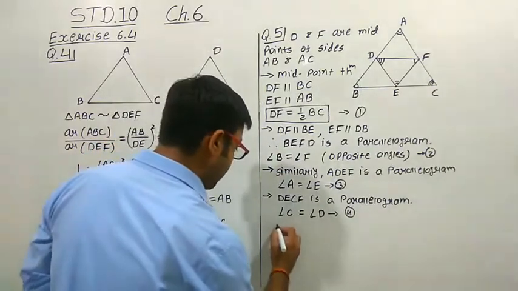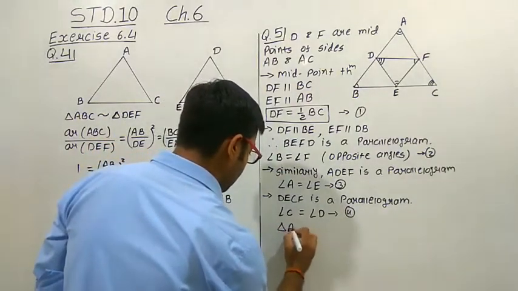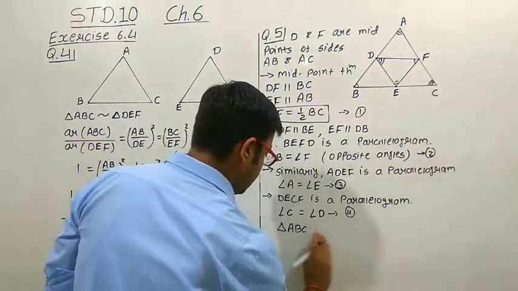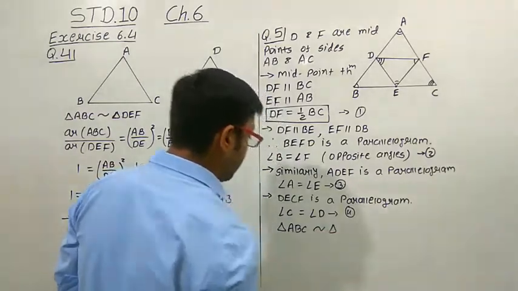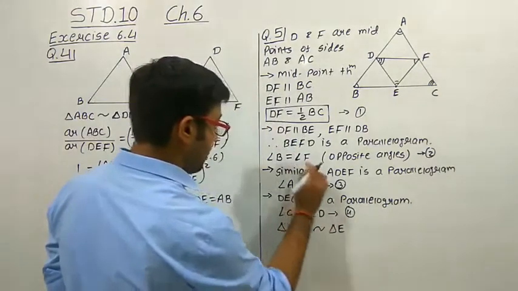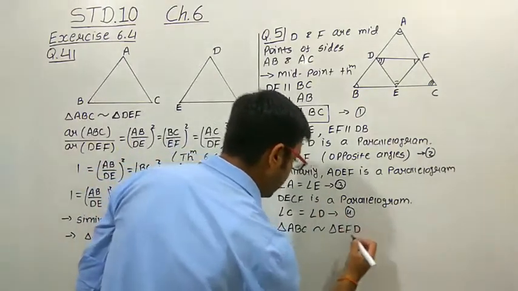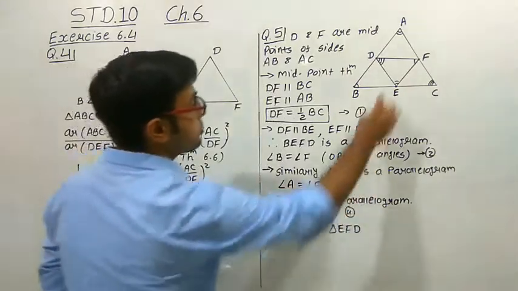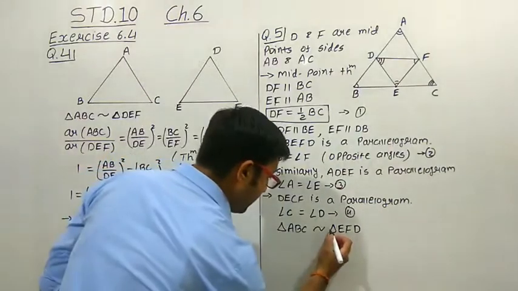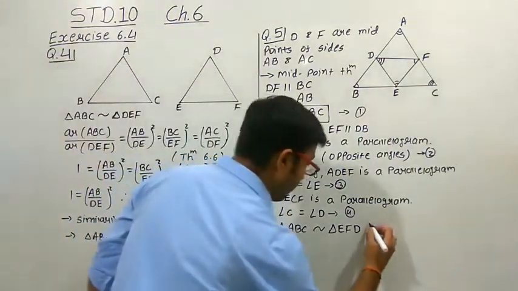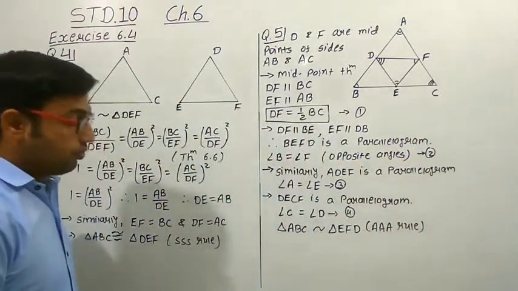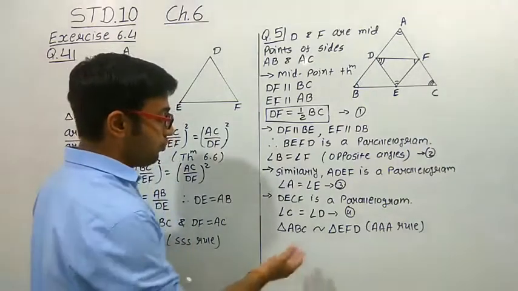So we can write that triangle ABC is similar to triangle EFD, because angle A is equal to angle E, B is equal to F, and C is equal to D. Now, as we have proved that the two triangles are similar according to the angle rule, we have to find the ratio of both these triangles.